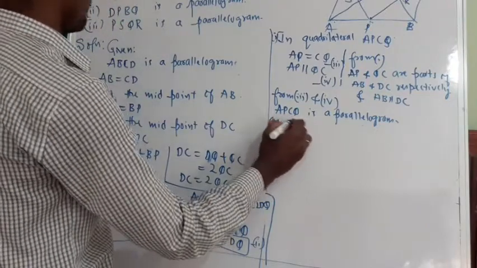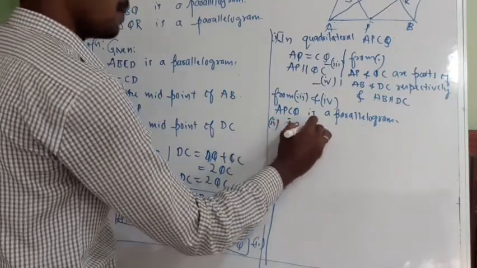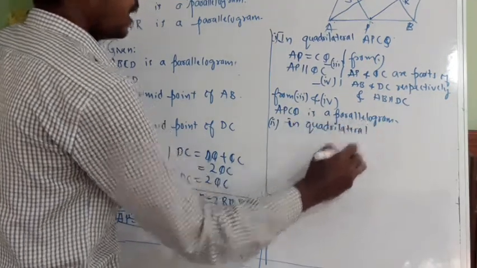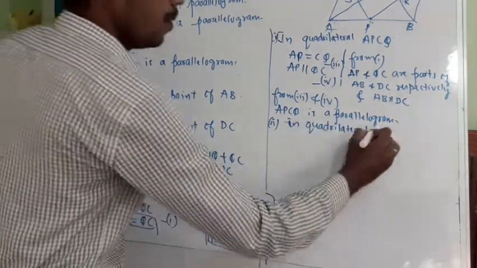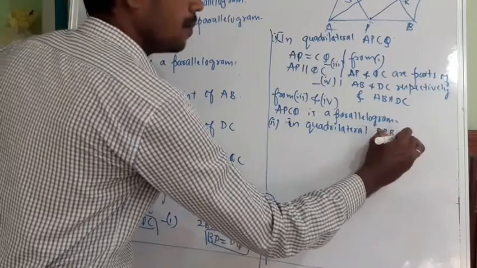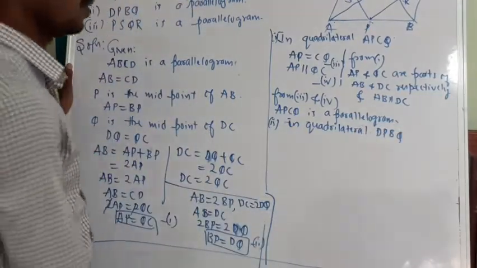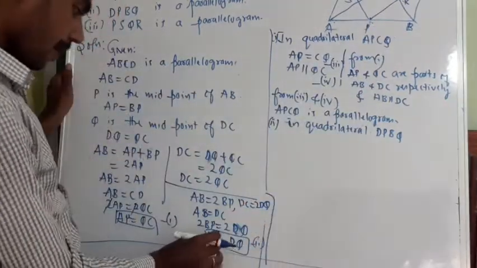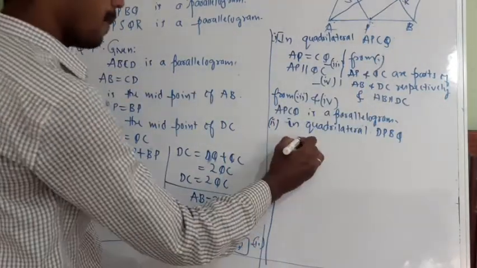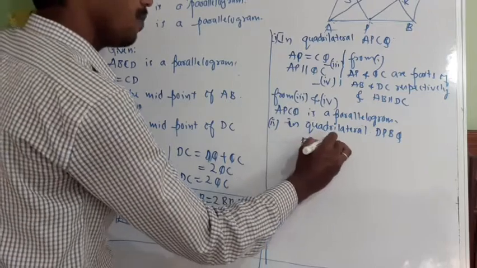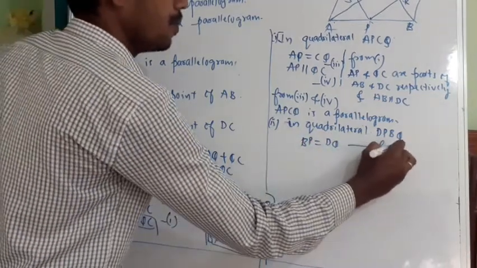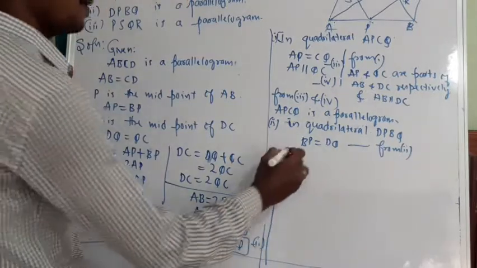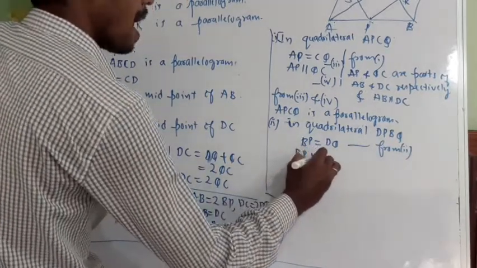Okay, so in quadrilateral DPBQ, we know that from equation number 2, BP is equal to DQ. This is from 2. Just now we proved. And BP is parallel to DQ.